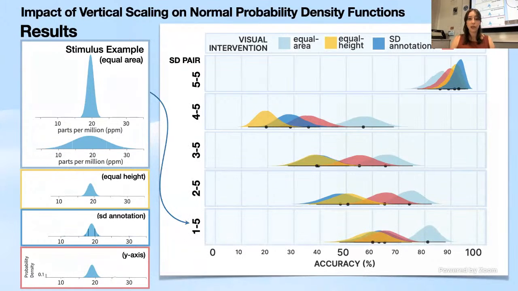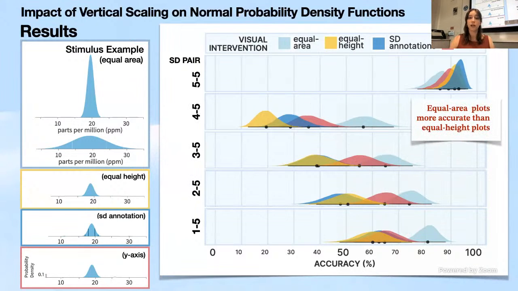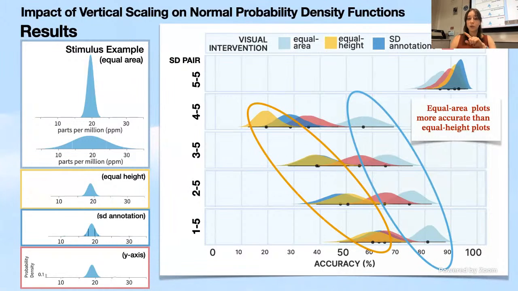So the major takeaways from our results are that as our standard deviation pairs grow in difference, so as the graphs get visually more distinct because their standard deviations are larger from one another, accuracy goes up. And that across the board, equal area plots, which are highlighted here in this blue circled line, lead to higher accuracy in comparison than equal height plots, which are circled in yellow here.